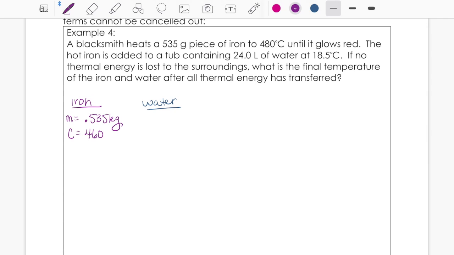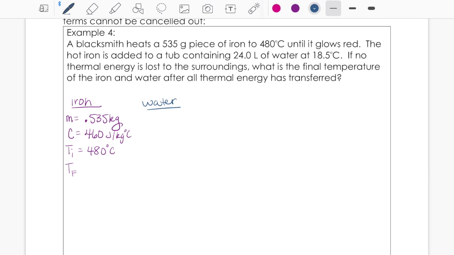And I should find that this specific heat is 460 joules per kilogram degrees Celsius, and then my initial temperature is 480, and then we are trying to find the final temperature, okay? And we should recognize that the final temperature should be the same for both substances because we're trying to reach that equilibrium.